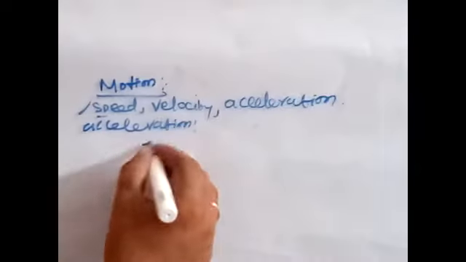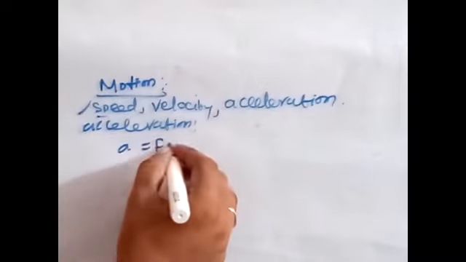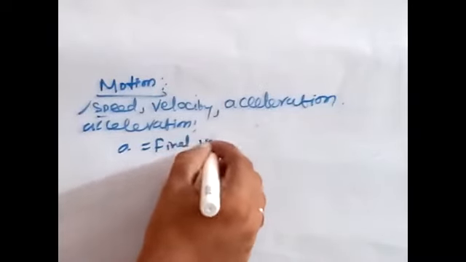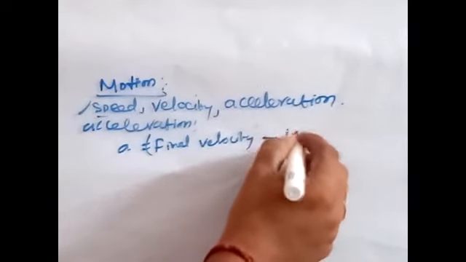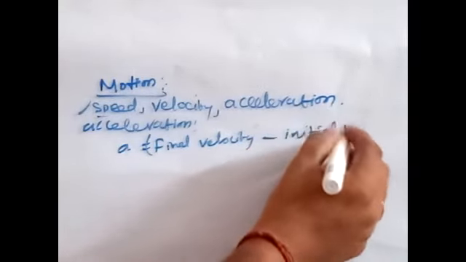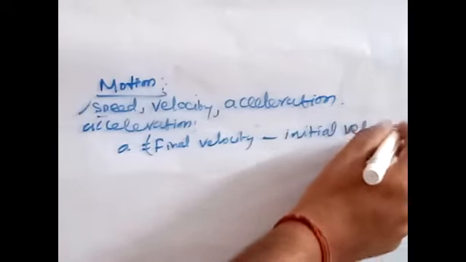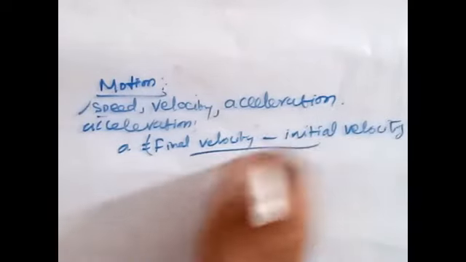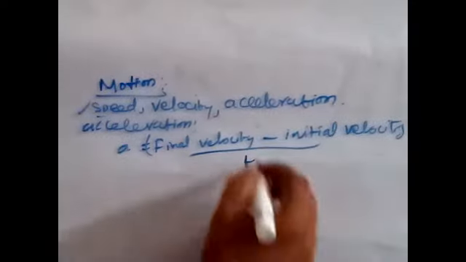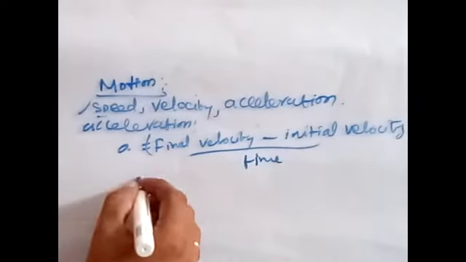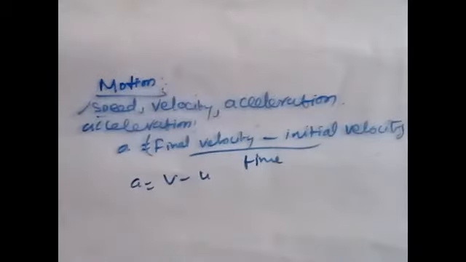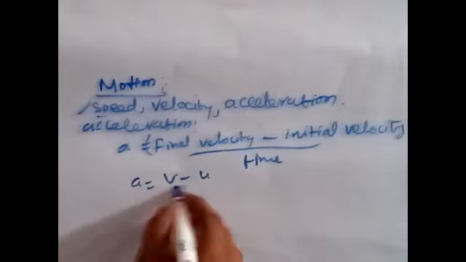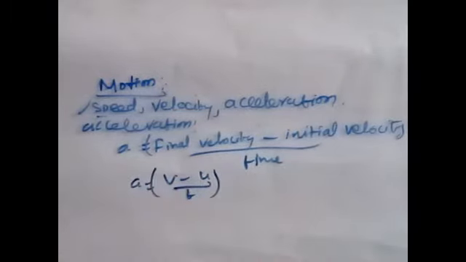So a is equal to the final velocity minus the initial velocity, divided by time taken. That is, a = (v - u) / t, where v is the final velocity, u is the initial velocity, and t is the time taken. This is the formula for acceleration.